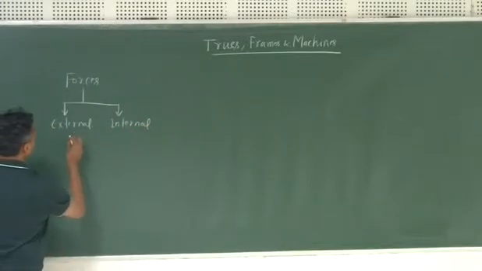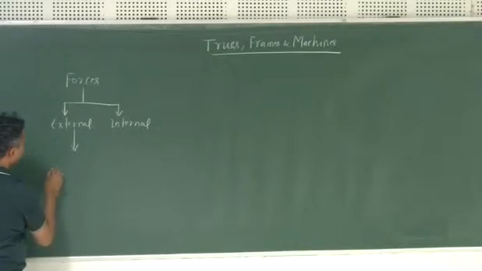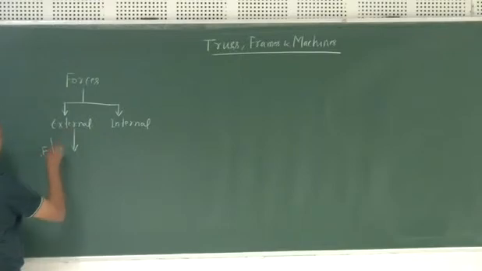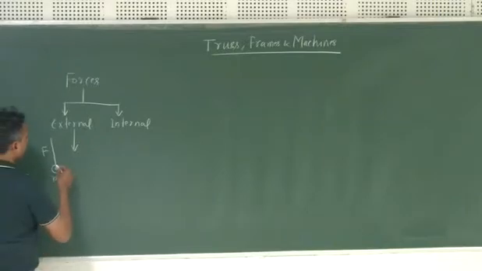The external force: we have discussed how an external force acts on a body. If there is a point mass, let us say m, how does the external force on this body act, and what will be the consequence of this?